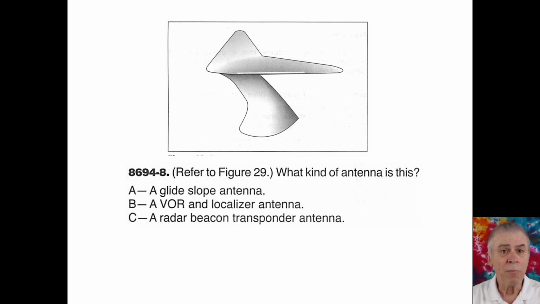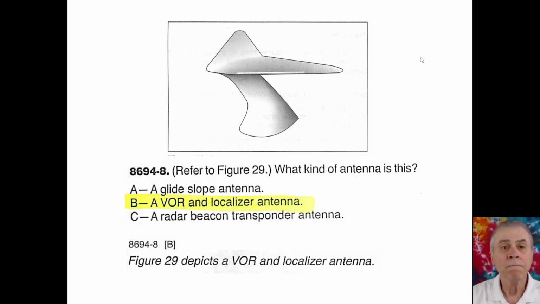Or C, a radar beacon transponder antenna? No. All right. The boomerang, the VOR. And since these are similar frequencies, they basically share the same antenna as the VOR and the localizer.